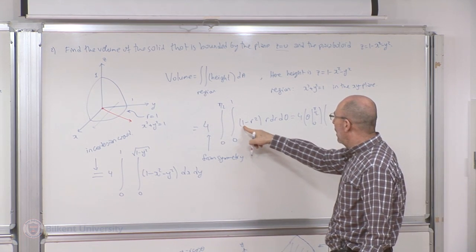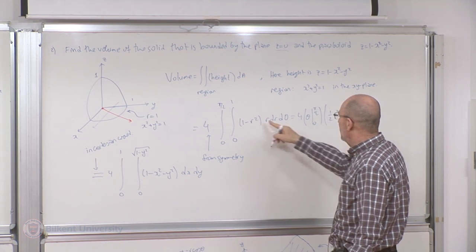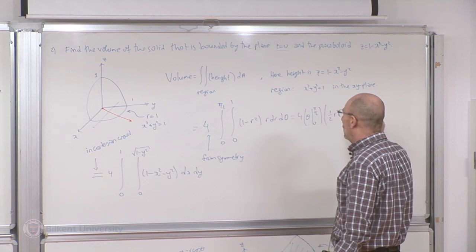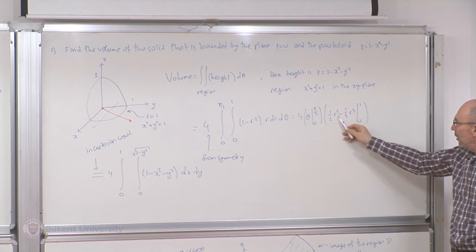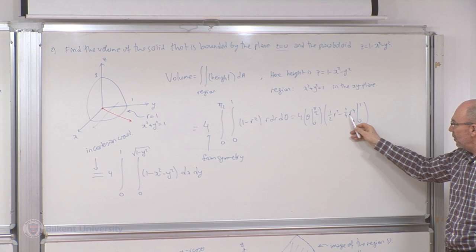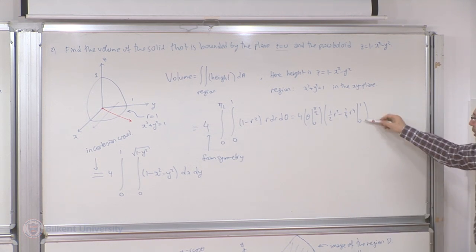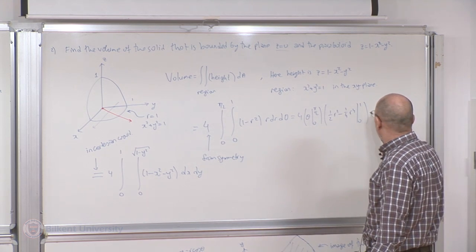Here I have r integrated, so this is 1 over 2 r squared minus 1 over 4 r to the fourth, from 0 to 1. I take the derivative of this, I get r. The derivative of this is r minus r cubed, and I have minus r cubed here. So I integrate this from 0 to 1. You see, this one was easier.